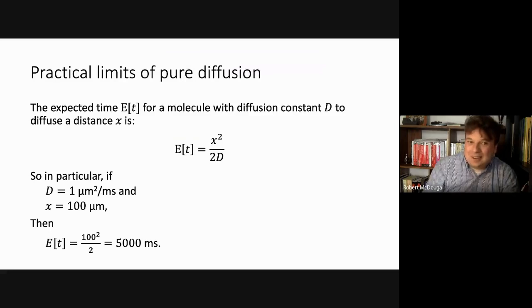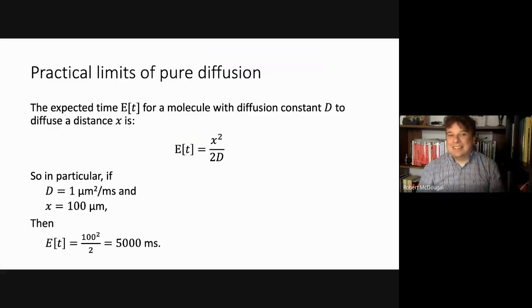This is 100 times smaller than that. So when you do the math, it's going to take 5,000 milliseconds, or 5 seconds, for that molecule to diffuse that distance. Okay, 5 seconds. That's not so bad. It's a while. I mean, you can do a lot of action potentials in 5 seconds, but it's not crazy.